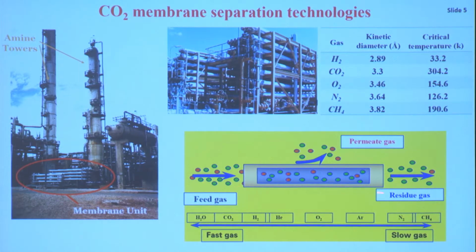For the traditional process, the pore size separates the different gases with different molecules. Because hydrogen and CO2 have a small kinetic diameter, it is easier for them to penetrate through the membrane pores.